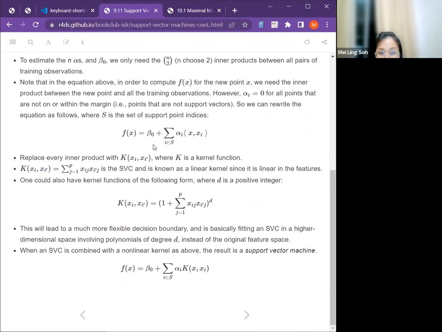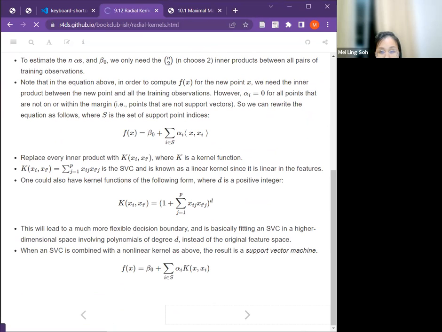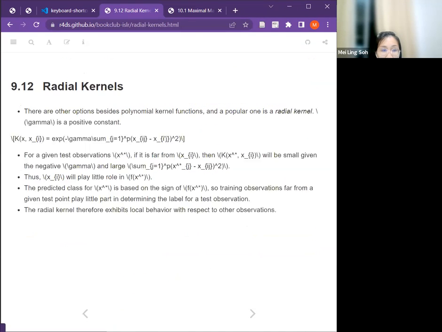Here K refers to the kernel function. So you replace all the inner products with K applied to the pair of observations. This is the mathematical part.